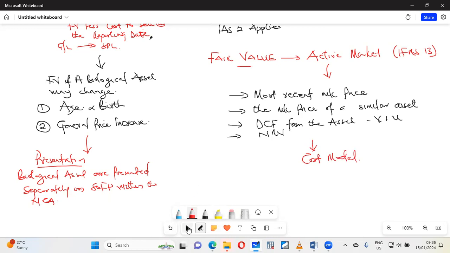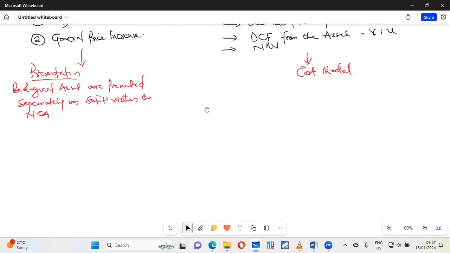But like I said, let me just give you one hint. We made mention that land is not a biological asset. Intangible assets are also not biological assets. So if you have a forest, a forest is land with trees.